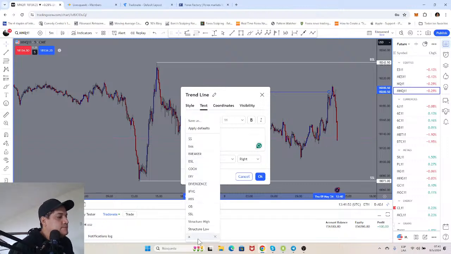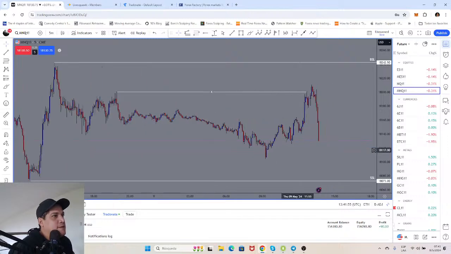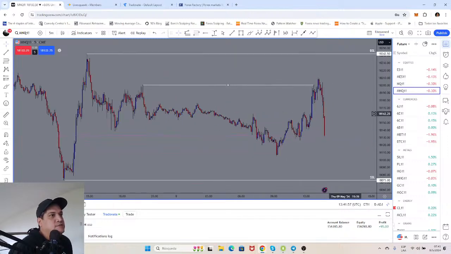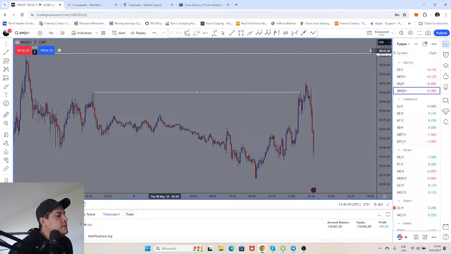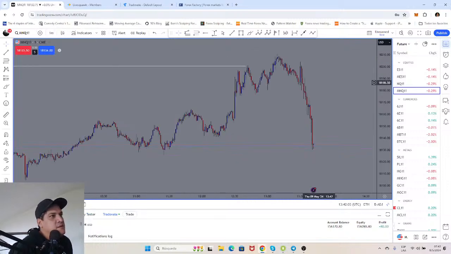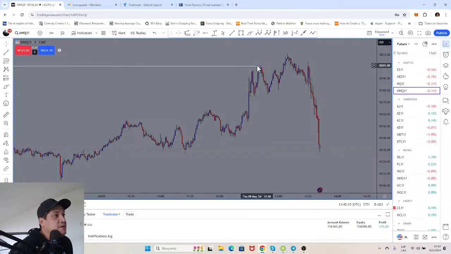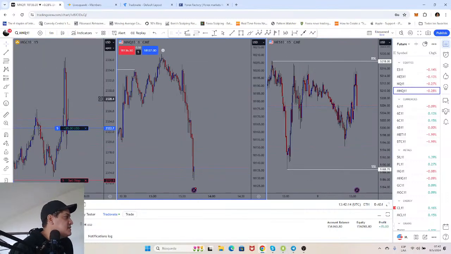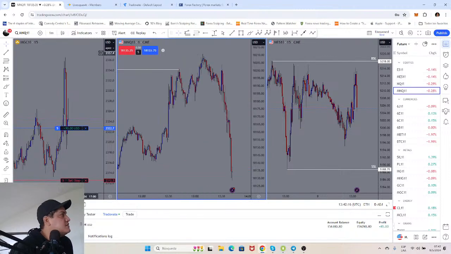I guess I could go to very low time frames to see, but this has already been mitigated. So if this is the move, I missed it, which is fine.